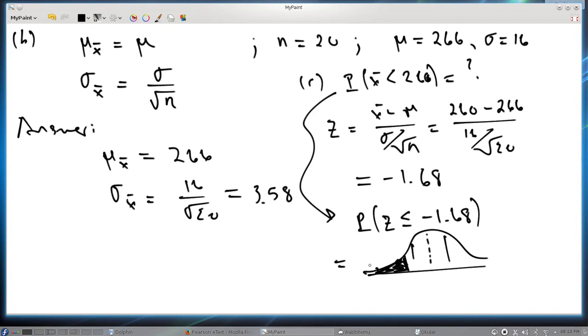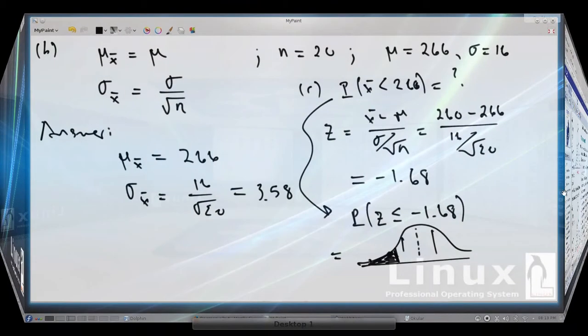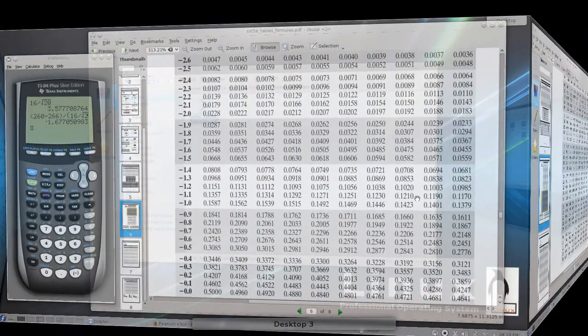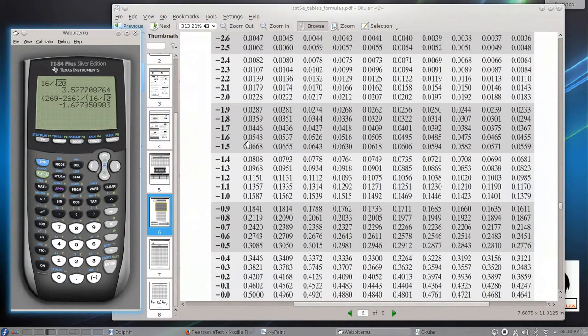But let's compute that, and we're going to do that using the standard normal curve table, which is this one right here. So at negative 1.68, the second to the last column is 0.08, the last one is 0.09. So you have negative 1.68, which is this column right here. And there you go.